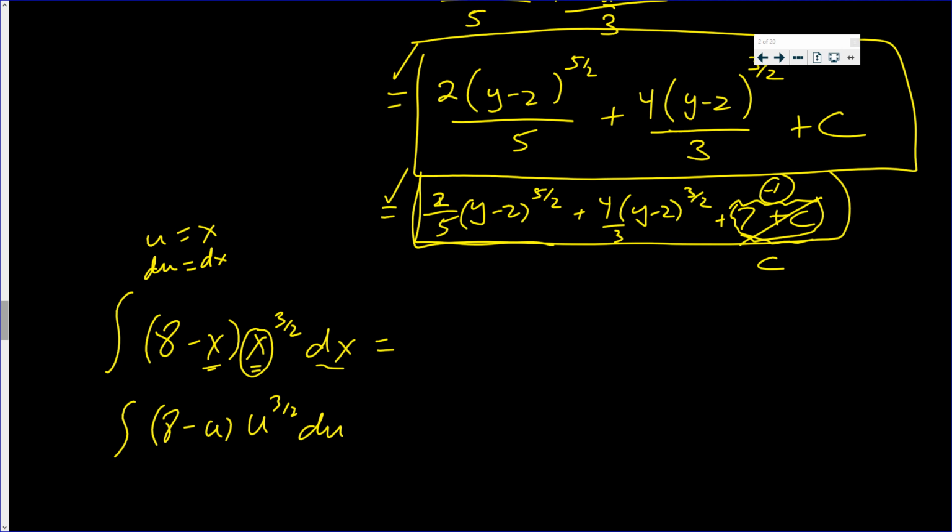So the final answer will be 16x to the 5 halves over 5 minus 2x to the 7 halves over 7 plus an arbitrary constant. And that finishes this section on integrating by substitution.